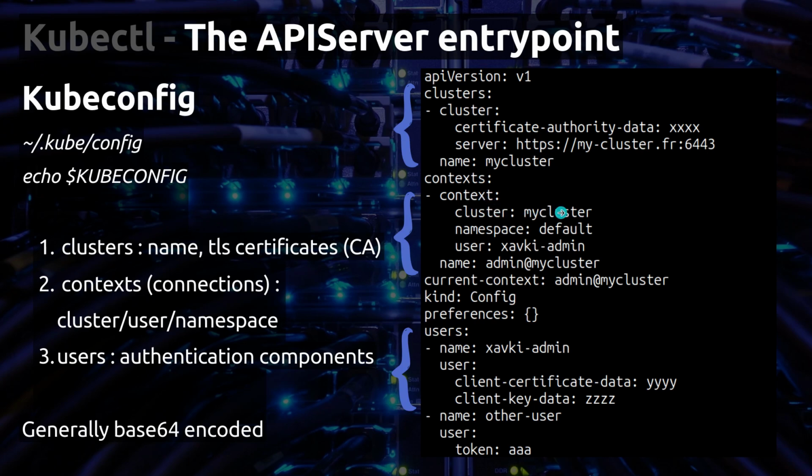This is really important. We can change a cluster and give it a random name, but we need to be coherent. And in the cluster, we need to define the certificate authority data. Of course, like we said, we use mutual TLS, mTLS.